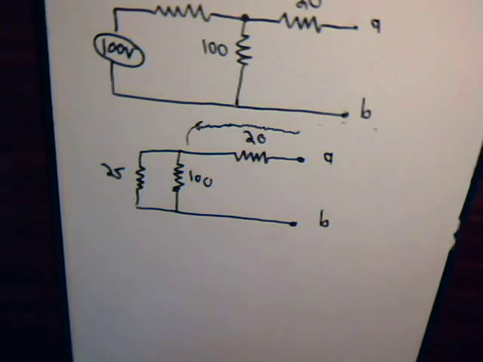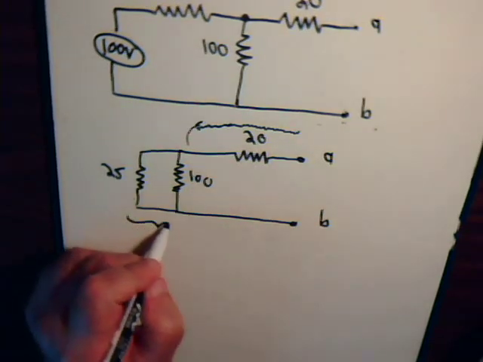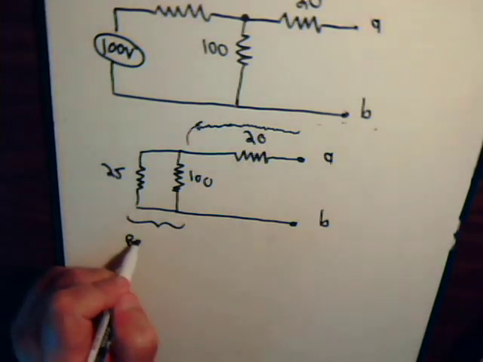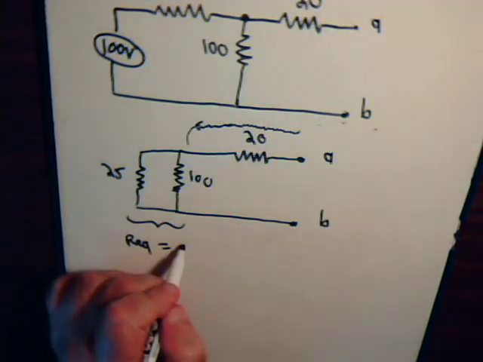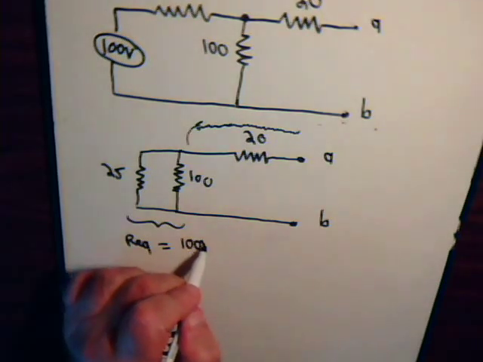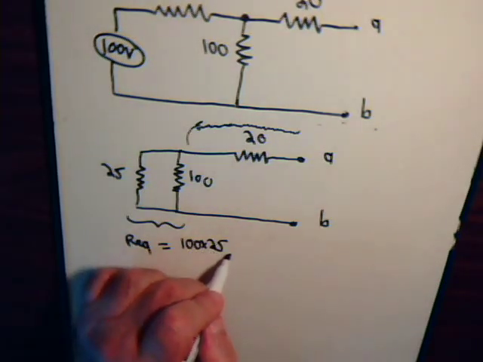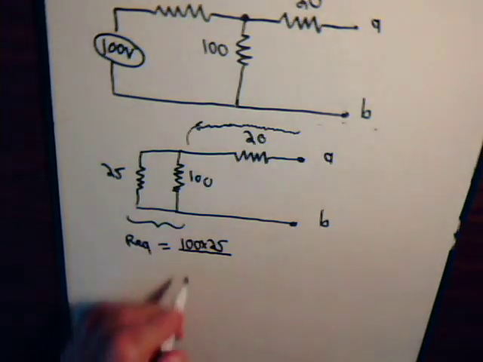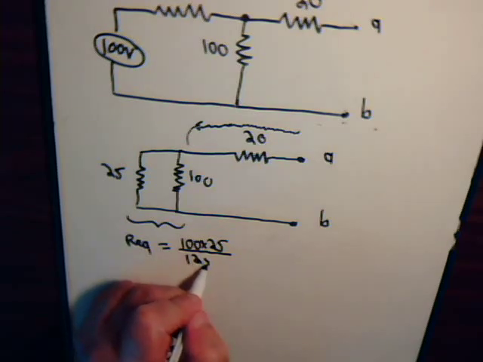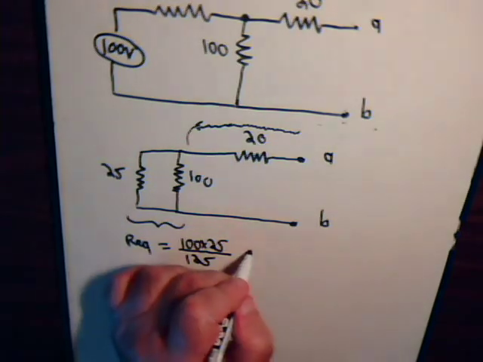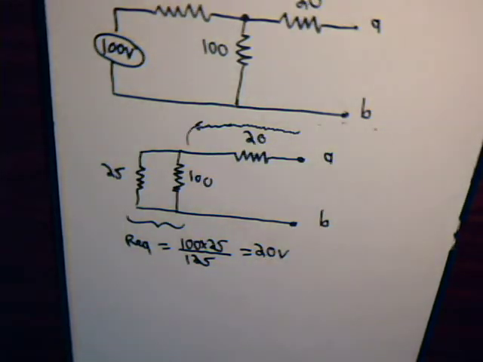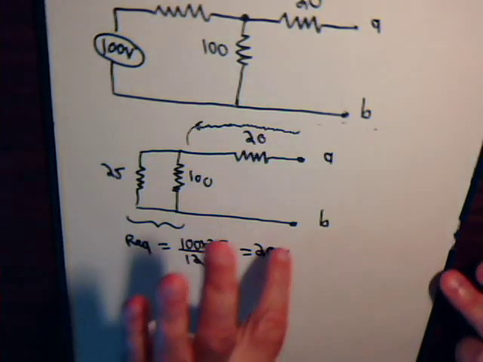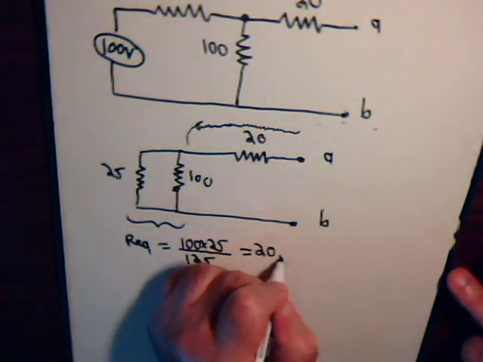So here then, Req is 100 times 25 divided by their sum, that's 125. And that is 20 ohms. Excuse me, we're not working with voltage, we're working with ohms.